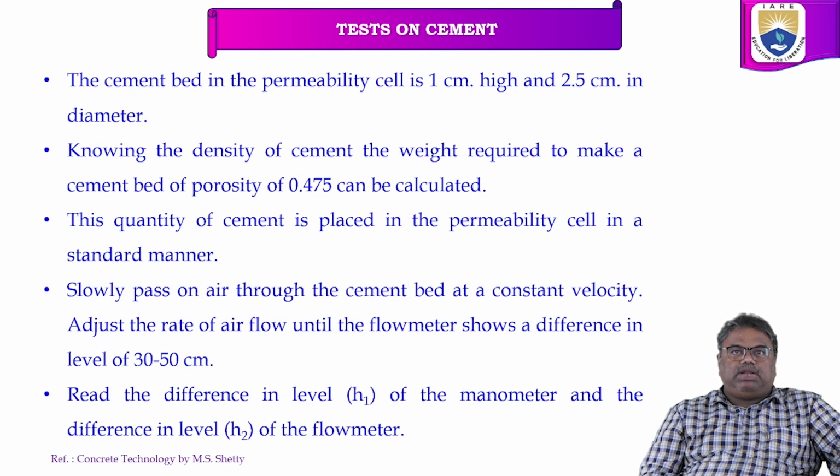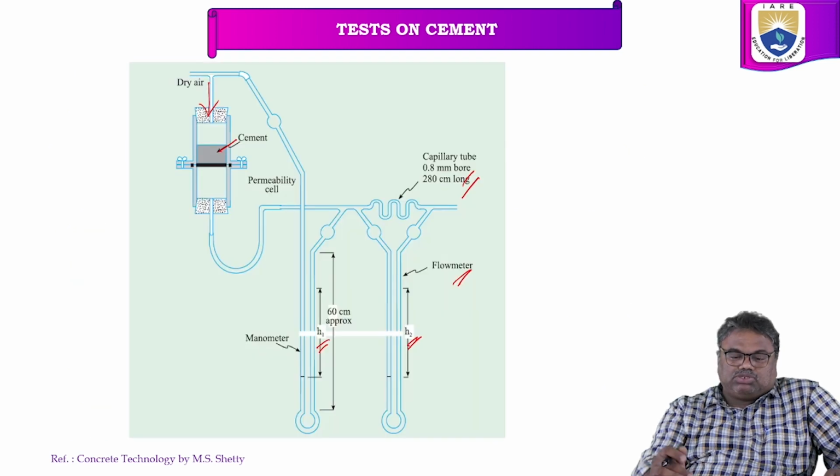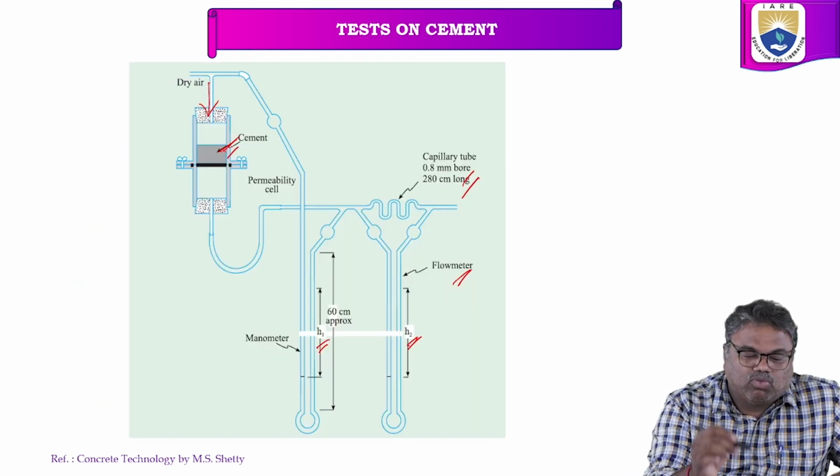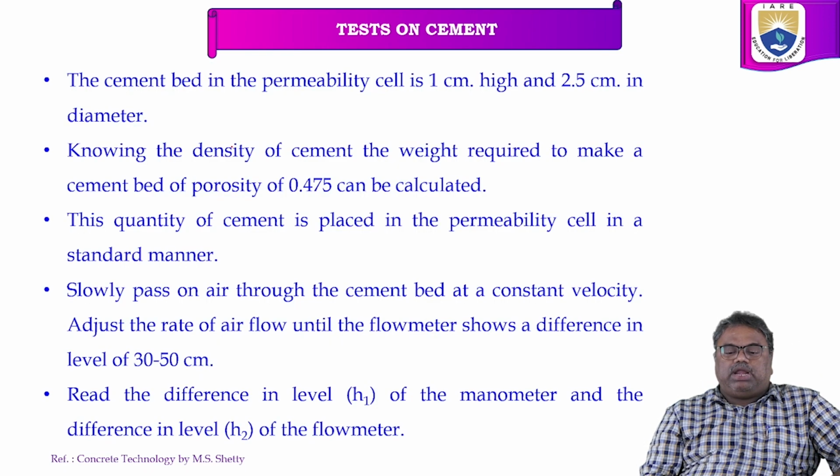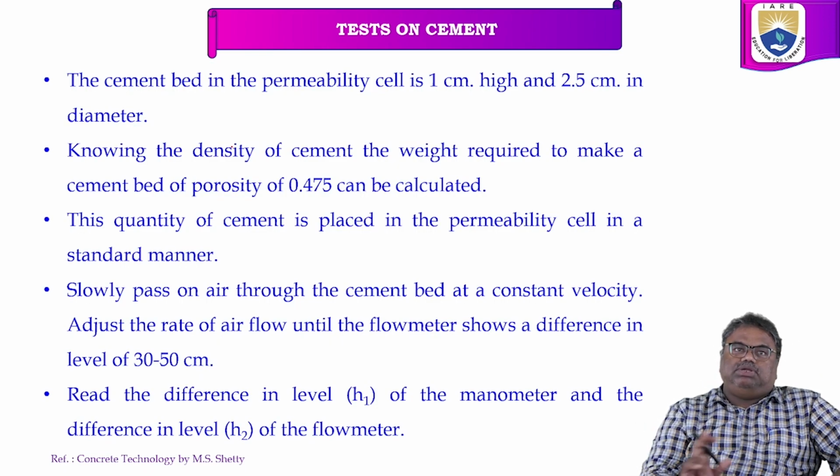The cement bed in the permeability cell is 1 centimeter in height and 2.5 centimeters in diameter. Knowing the density of the cement, the weight required to make the cement bed of porosity 0.475 can be calculated.